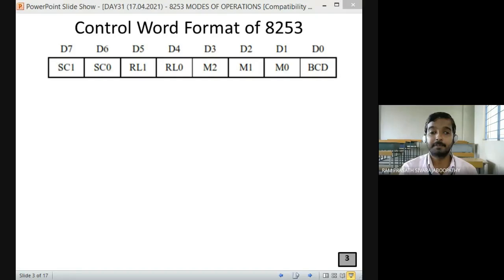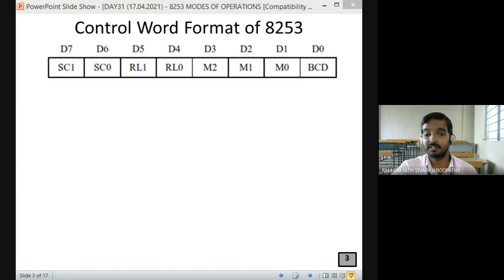The first 6 bits are to be assigned commonly. Correct? The remaining last 2 bits are going to select the counter or the control word register. So in this case, what will be the address of the control word register? See, in 80, 81, 82, the first 6 bits will be the same. Correct? Only the last 2 bits will be different.